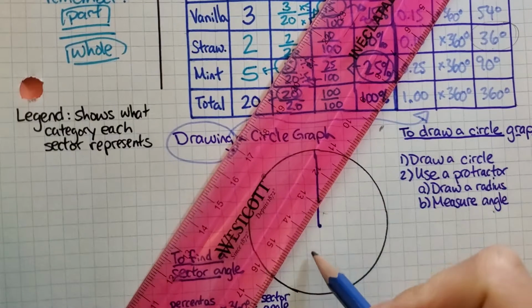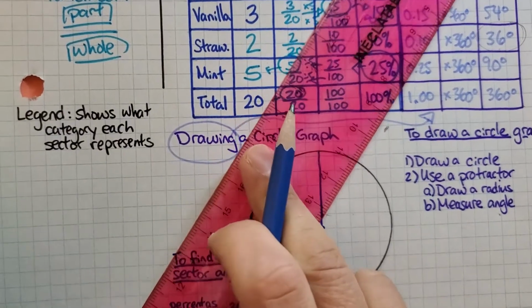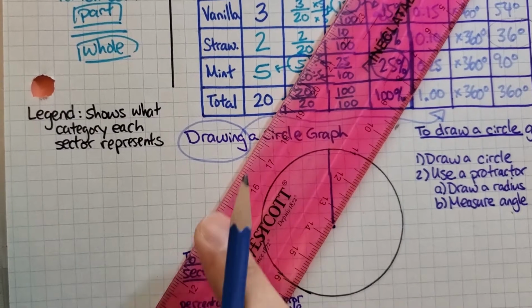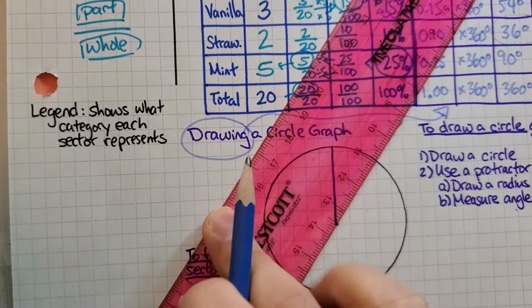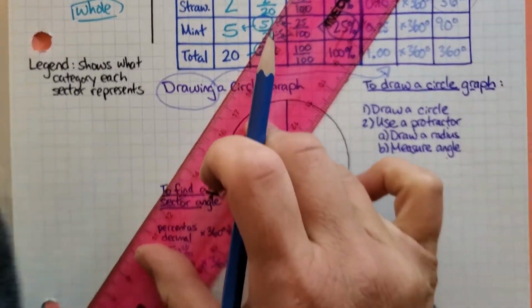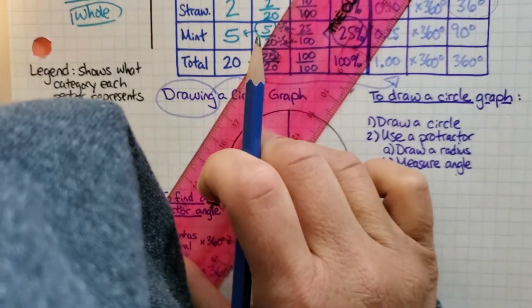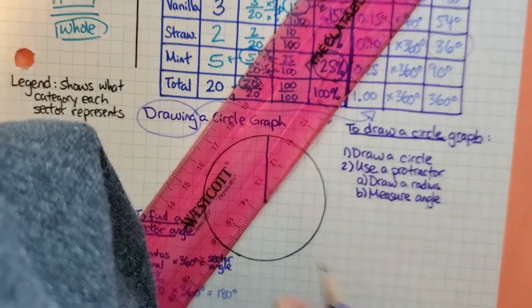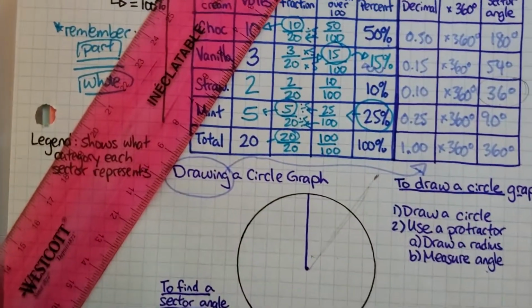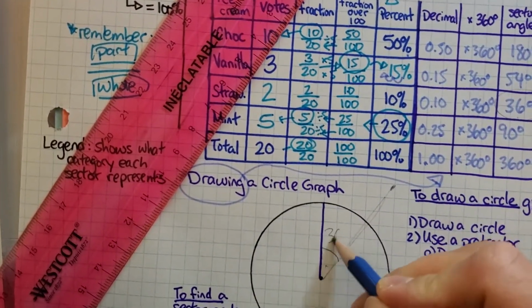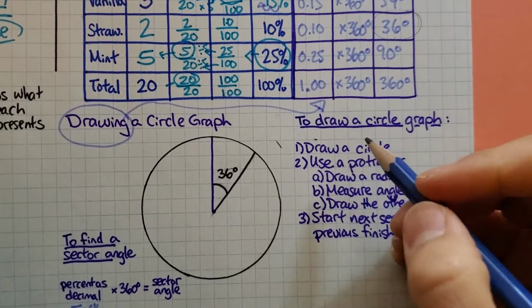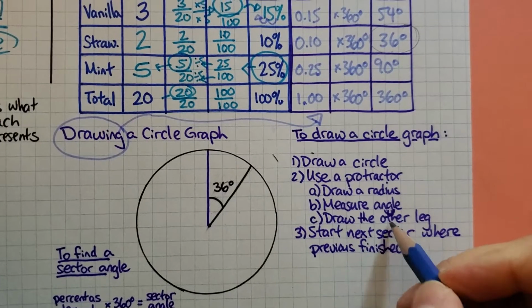So there's that one dot, and then there's the center point. This is going to be pretty impossible. Let's see if I can get my elbow in there. Draw that line. Boom! That's 36 degrees. Just like that. So we drew the other leg.